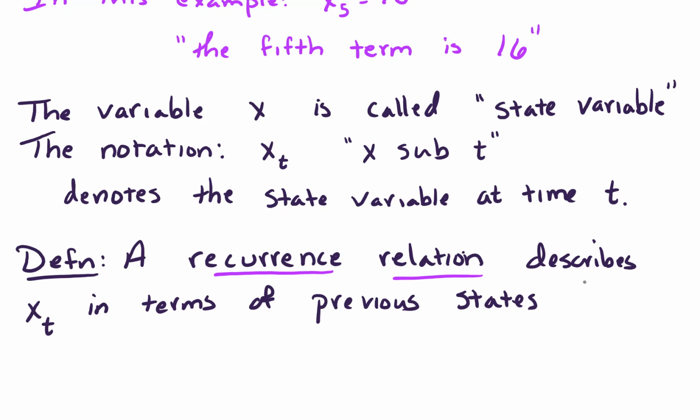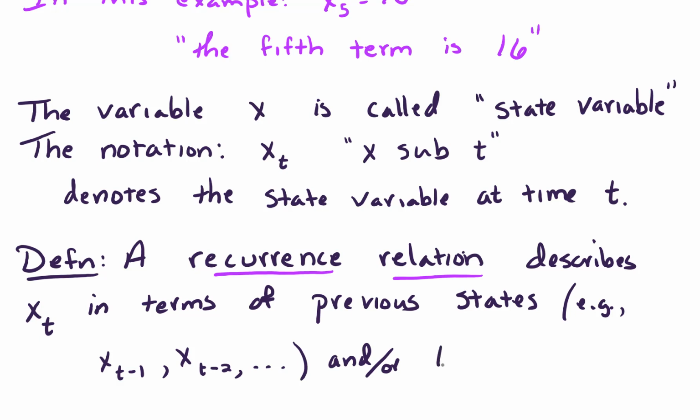Previous states could be things like x sub t minus 1, or maybe t minus 2, or way back in time, it doesn't matter. So somehow in terms of previous states and/or t.